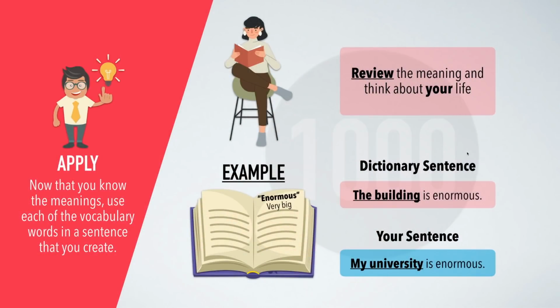The university was huge. It was enormous. To walk from one end to the other took a long time. So when I was thinking about my life and the word enormous, university. My university is enormous. So I've connected the word to my life, and I've applied the word by making my own sentence following the pattern that I saw in the dictionary. This is what you need to do.